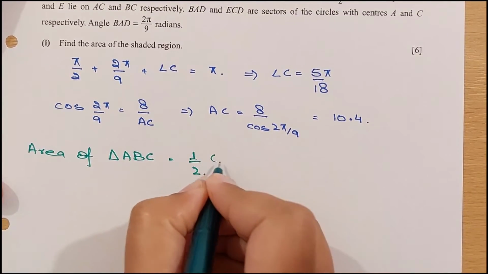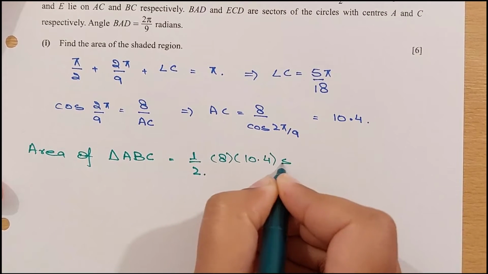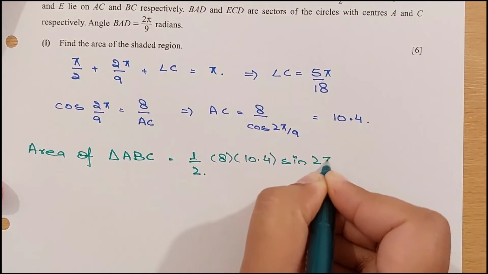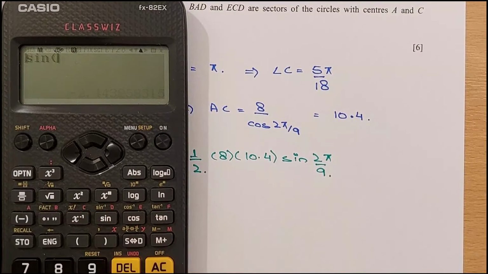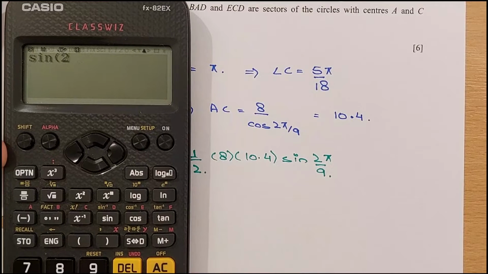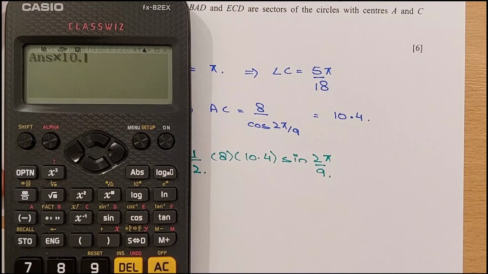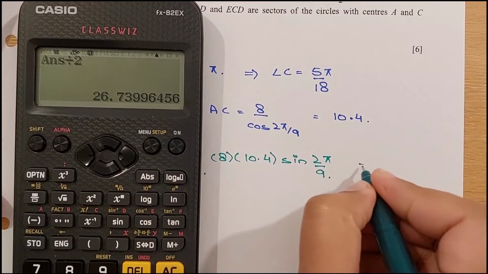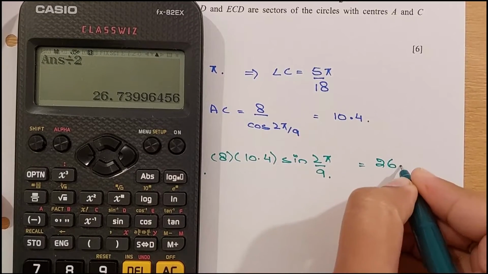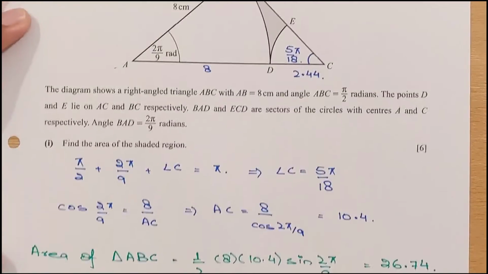The side AB is 8, the side AC we just got is 10.4, and the angle between them is 2 pi by 9 radians. So sine of 2 pi divided by 9 radians times 10.4 times 8 divided by 2, we have 26.74. This is the area of the whole triangle, right?